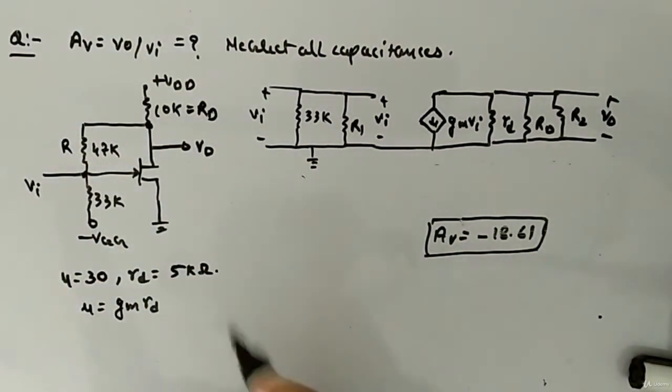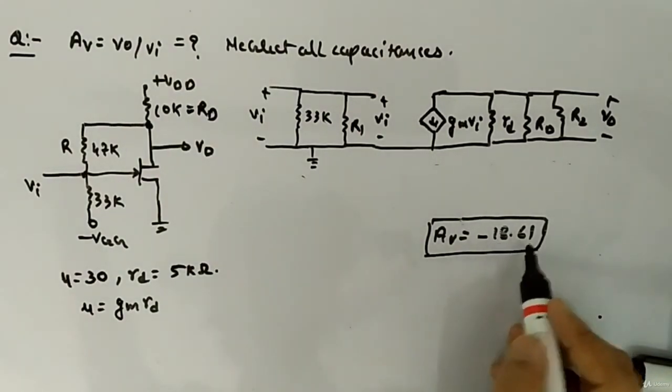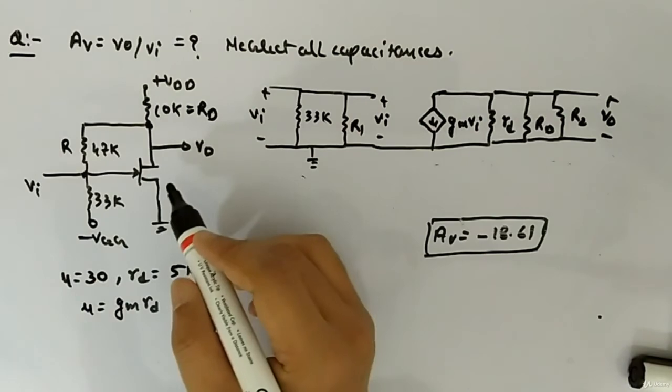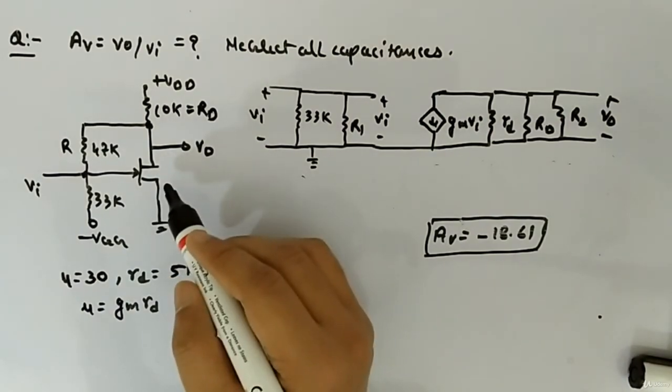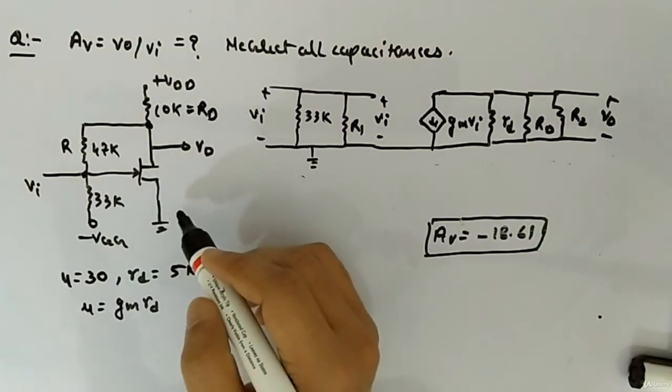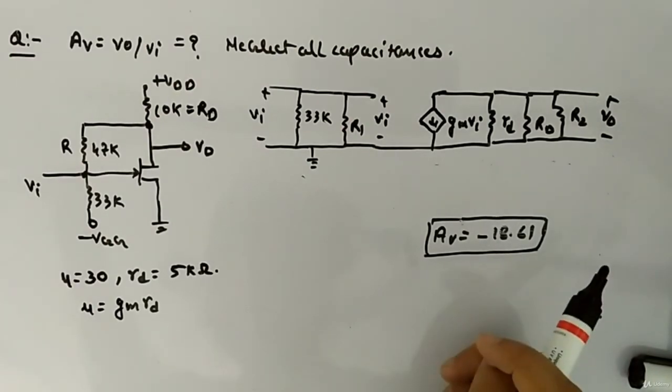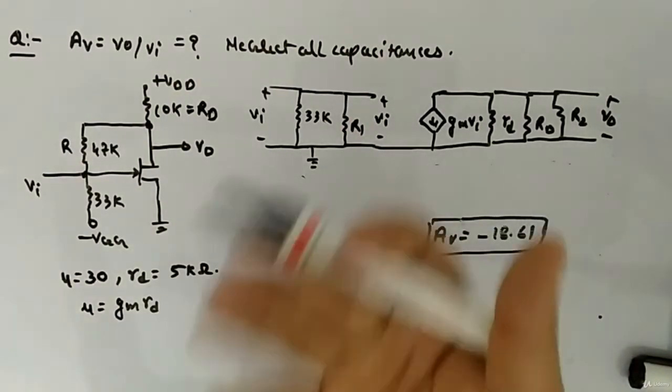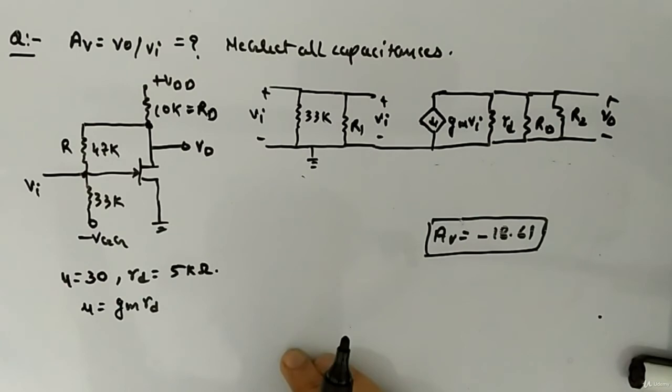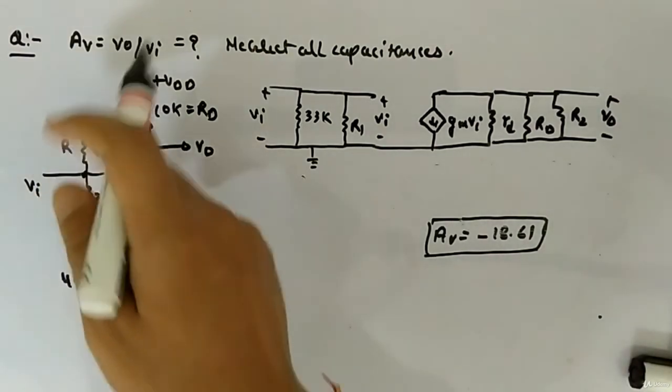You can divide it easily and find the gain, minus 18.61. This is a common source amplifier, which is why the inversion is there. I hope you are able to brush it up. Nothing new, I just wanted to make you adaptable to this kind of resistor.